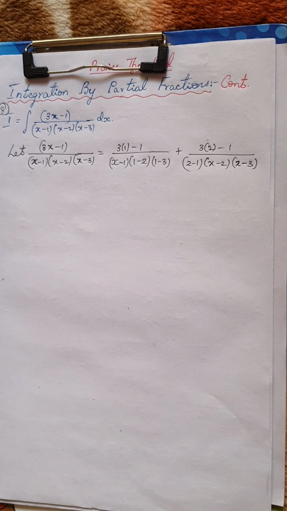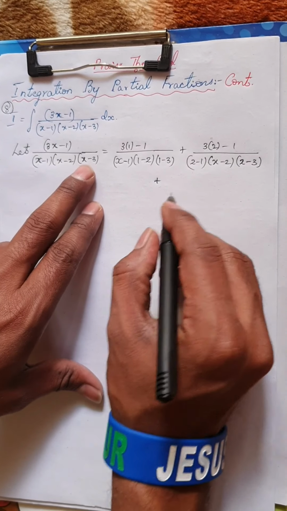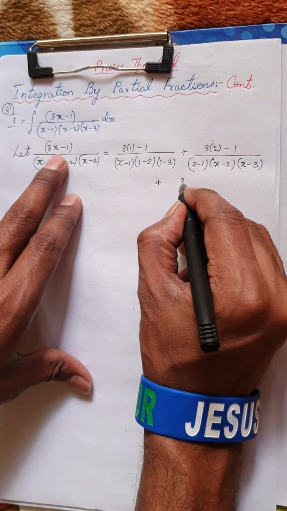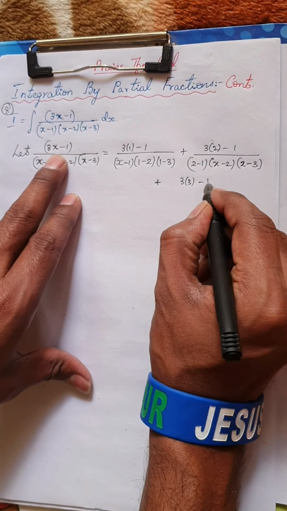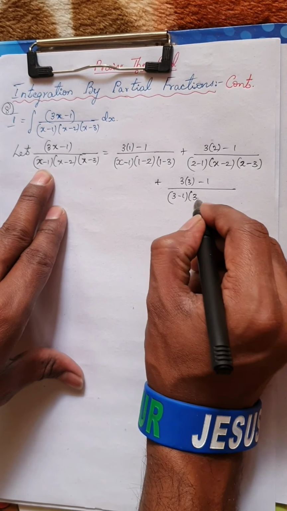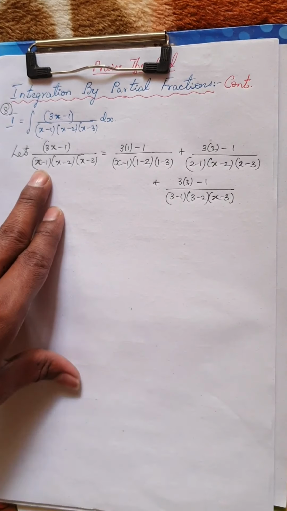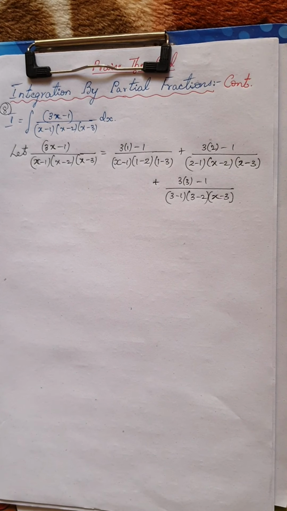So two functions are already there. Now plus, I will put x is equal to 3. So it is 3 times 3 minus 1 divided by 3 minus 1 into 3 minus 2 into x minus 3. Now we are going to simplify this.